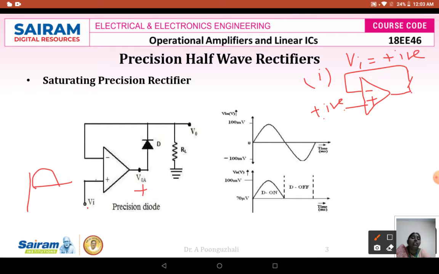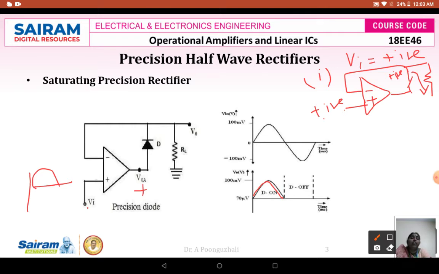That means the voltage at this point is positive, so a current is going to flow through this load resistor, and the drop across this resistance is your output waveform during the positive cycle.